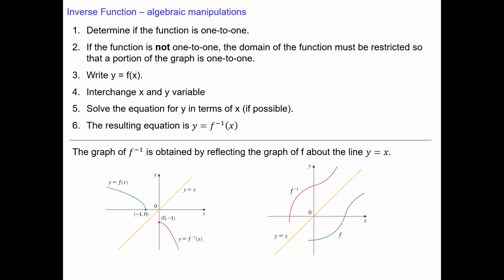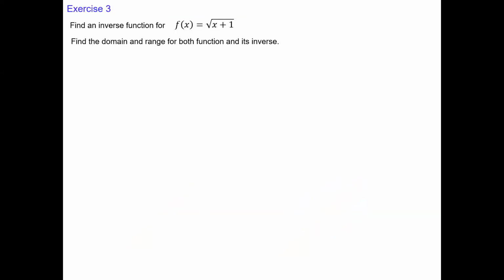Okay, now let's actually find an inverse finally. Find an inverse function for f of x equals square root of x plus 1. Find the domain and range of both the function and its inverse. Okay, that means I can maybe check if this function is one-to-one.